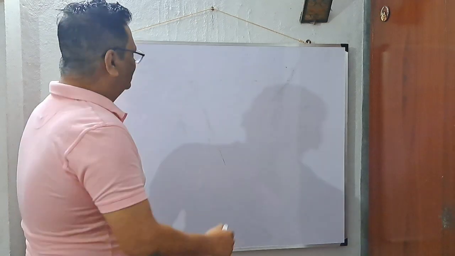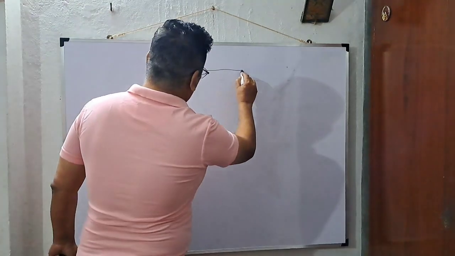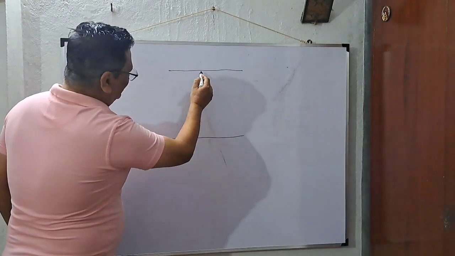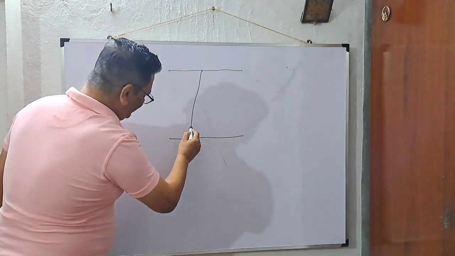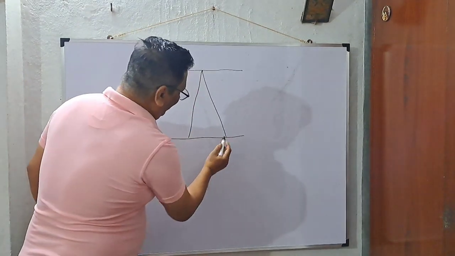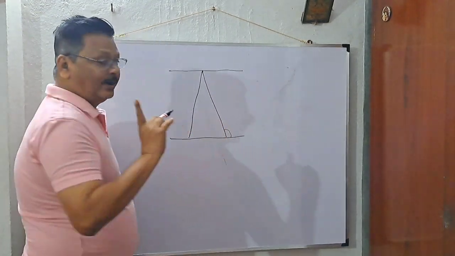Let's have a look. We already proved this: we have a line like this, a parallel line like this, and then we get a triangle like this. The exterior angle is this angle, correct?